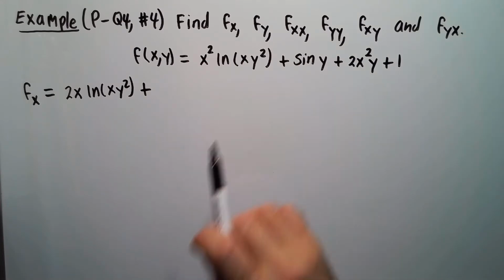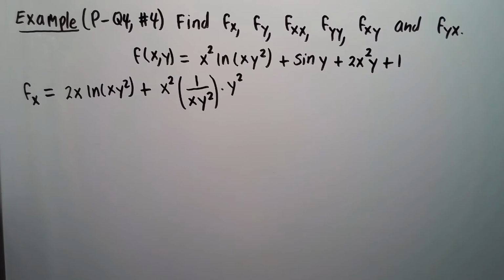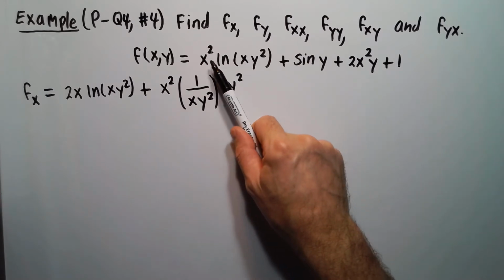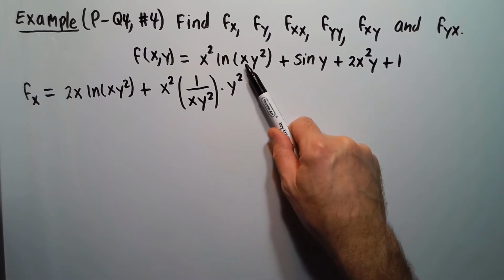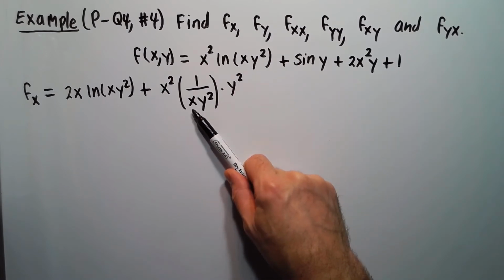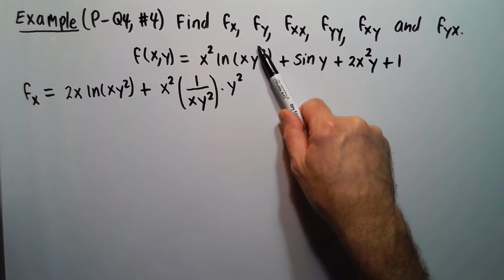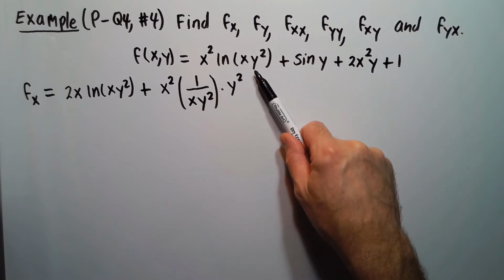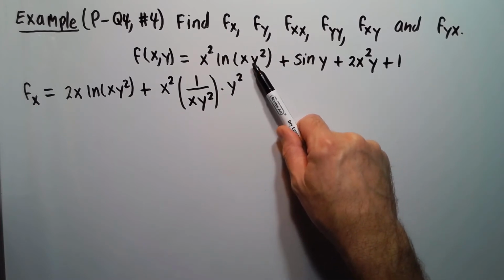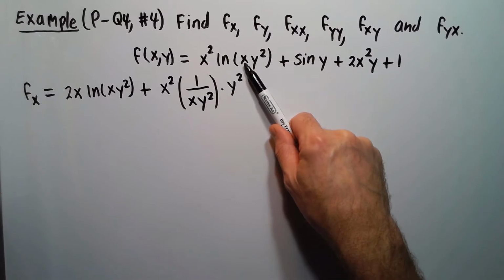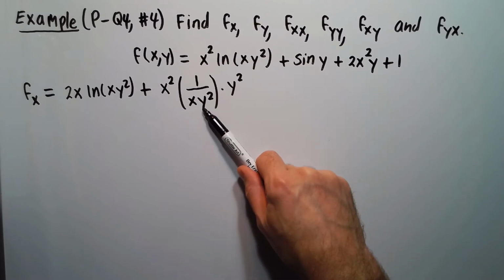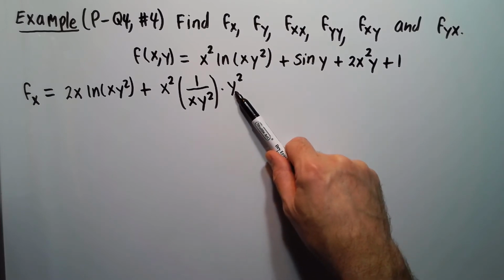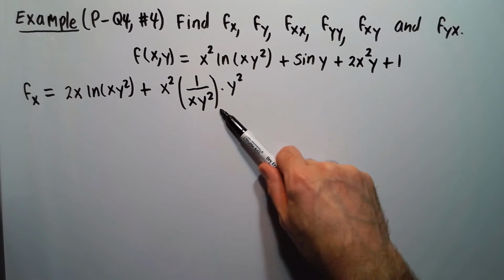So it'll be x squared times 1 over x y squared, times the derivative of x y squared with respect to x. We're treating the y as a constant, so the derivative of x is 1, and there's still a y squared there. Therefore the derivative of x y squared with respect to x is just y squared. That's the product rule that I used here.